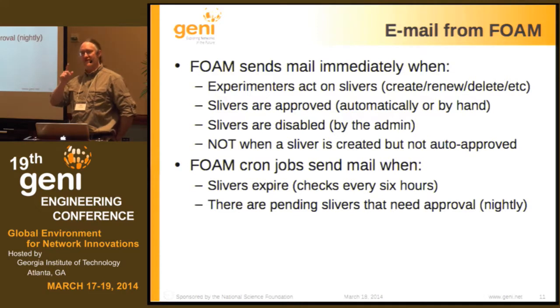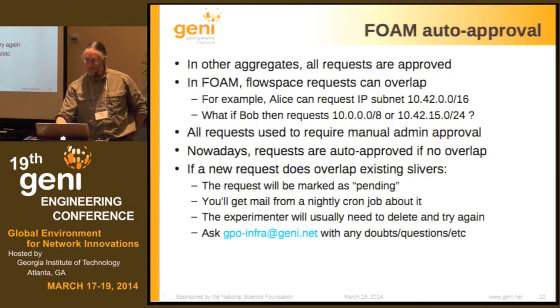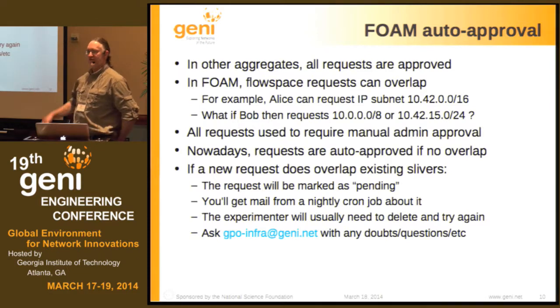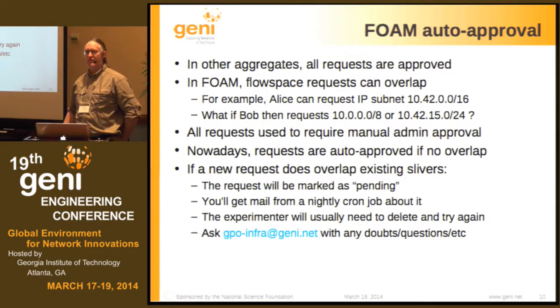It's not based on VLANs necessarily. So in particular, in the hardware mesoscale currently today, there's a single shared VLAN, and the flow space is actually sliced by other criteria like ether type or IP subnet or MAC address or something like that. And so my example on the previous slide about people getting IP subnets isn't completely fictitious. The way people use that network right now is to get a slice by IP, and so you could be requesting a subnet that overlaps something someone else has.